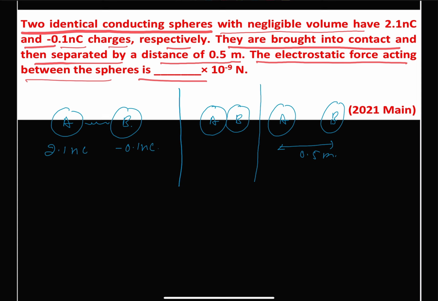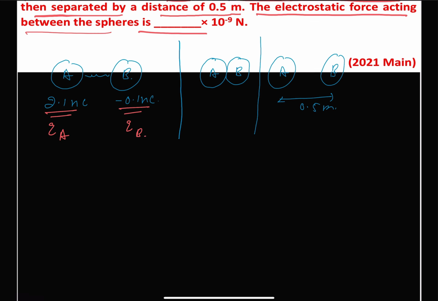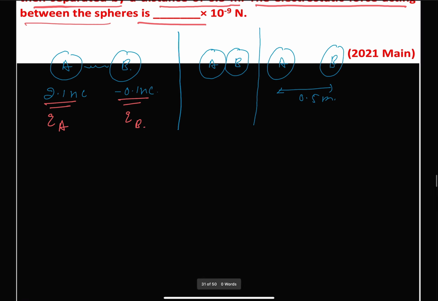So obviously, as soon as they are brought together with each other, the charges should be at the same potential, which will be resulting in the charge redistribution. So let us assume that we have our QA and this we call as our QB.